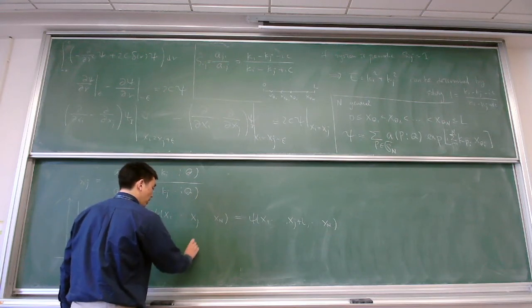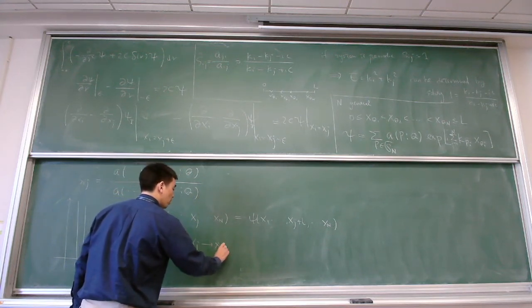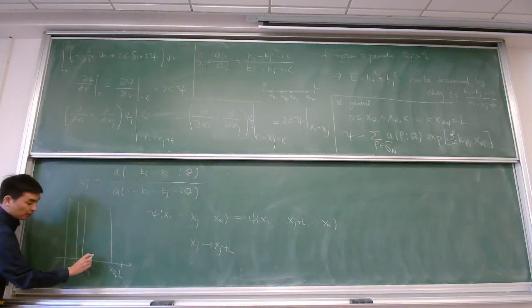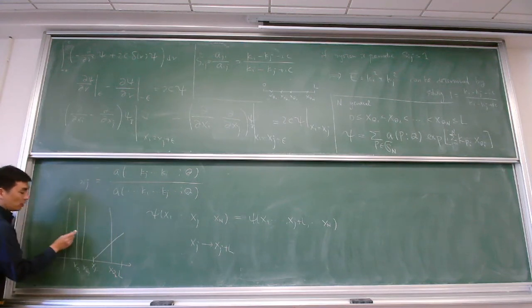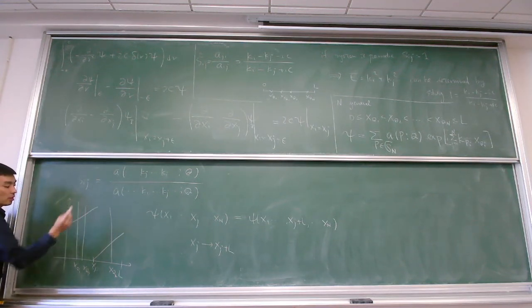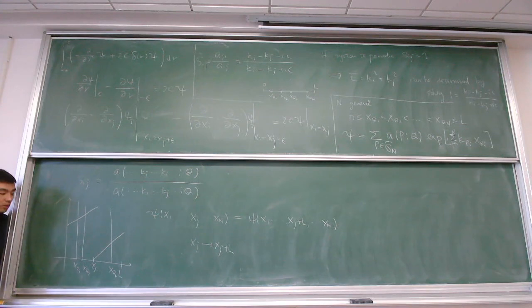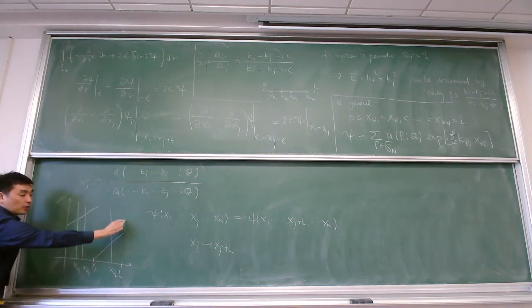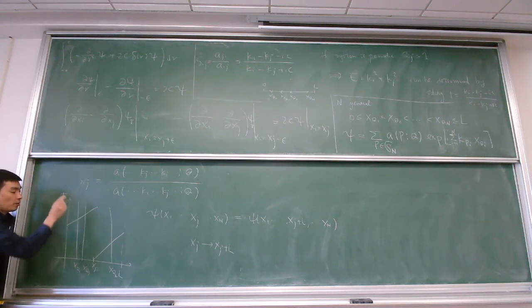So we consider xj goes to xj plus L. Which means that the particle xj goes this way and then comes back here. That's what I'm going to do. So xj goes to L and it's periodic. This part is the time direction.